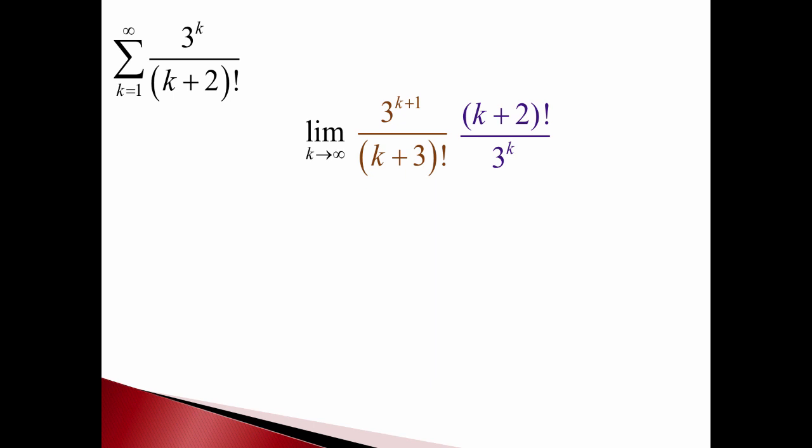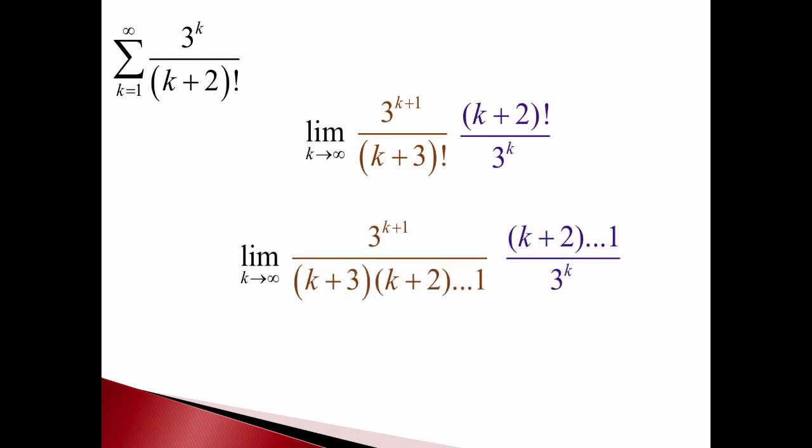Now I have to figure out what I'm going to do to make some of this stuff cancel. And the cool thing is the factorials. Remember how factorials work, right? For example, 7 factorial is 7 times 6 times 5 times 4 times 3 times 2 times 1. So the factorials are really easy. We just write out those, and we'll see that bunches of stuff are about to cancel, because k plus 3 factorial is really k plus 3 times the next number down, which would be k plus 2, then k plus 1, and then k, and so on, until you get down to 1.